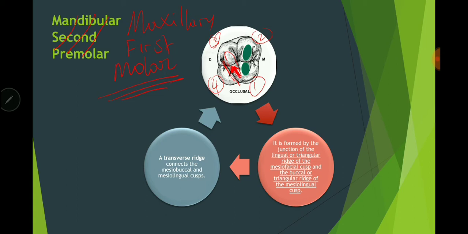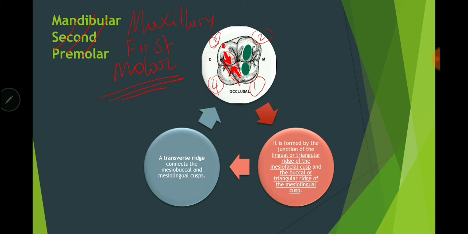So this is the distal buccal ridge of the mesiolingual cusp. And also this ridge here is sloping this way. It's going to the lingual side and towards the mesial. So this is the mesiolingual ridge of the distal buccal cusp.